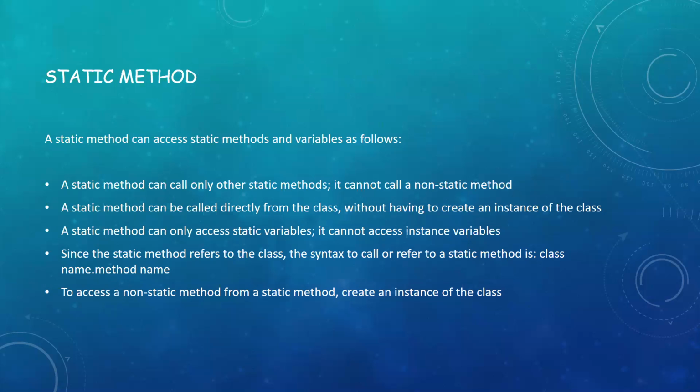It cannot access instance variables. Since the static method refers to the class, the syntax to call or refer to a static method is class name dot method name. To access a non-static method from a static method, create an instance of the class.